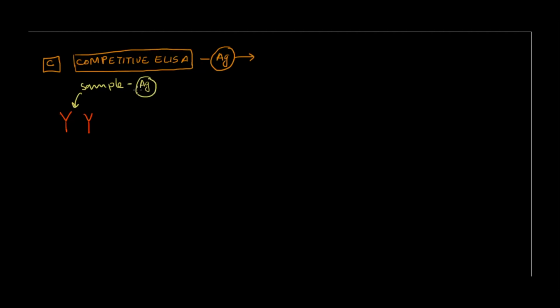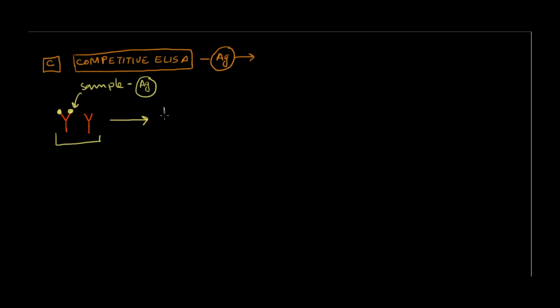So if at all antigen is present in the sample, it will go and bind to these antibodies. Say for example only two antigens are present, they will go and bind to one antibody, because there are two antigen binding sites present on one antibody. So it will bind to this one antibody, and this mix now we are going to put in the ELISA plate.